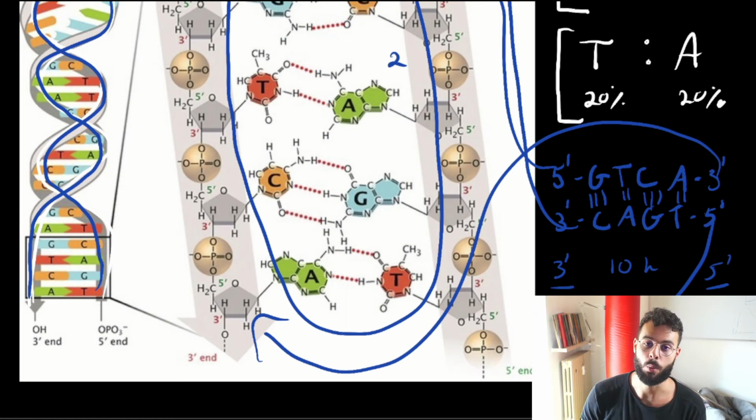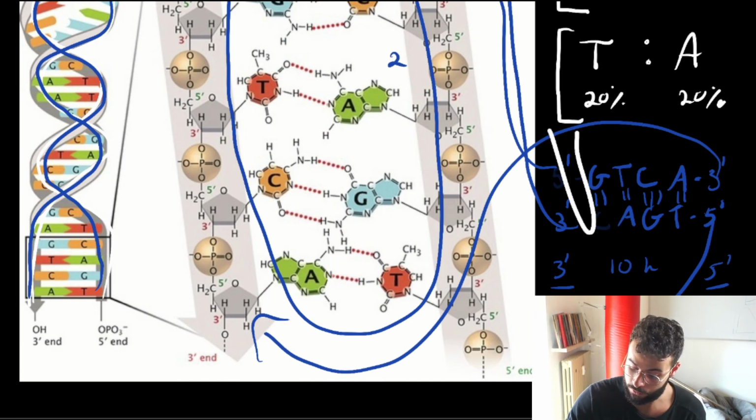And we will see why it matters so much, because when it comes to translation and transcription of this sequence of nucleotides, we will see that we can only transcribe and translate from one side to another and not the other way. So it's very important to understand from now.